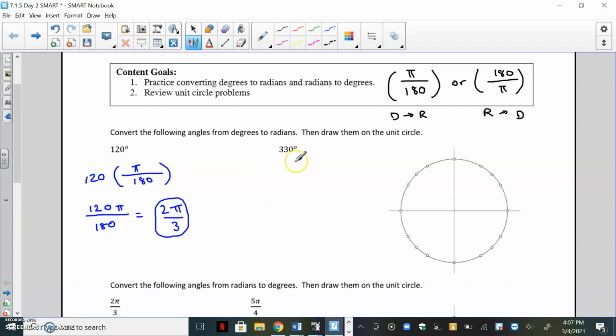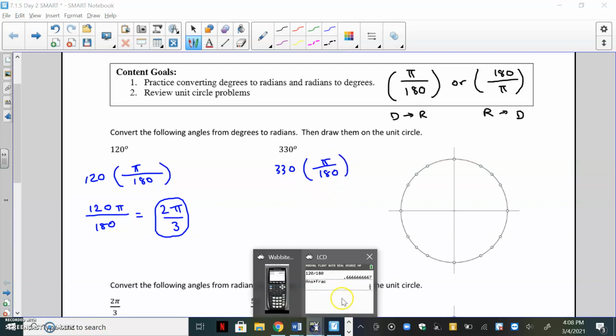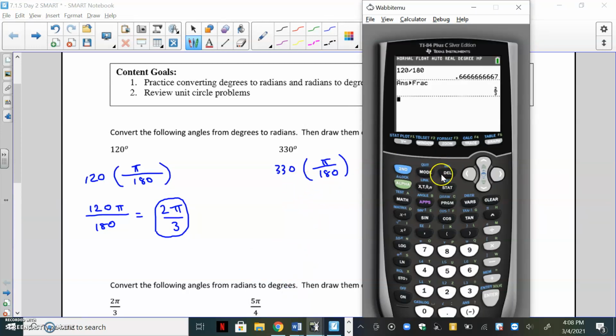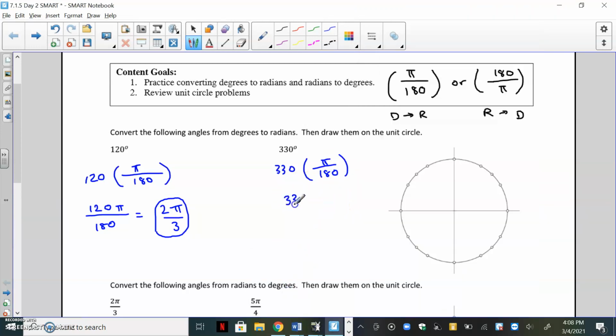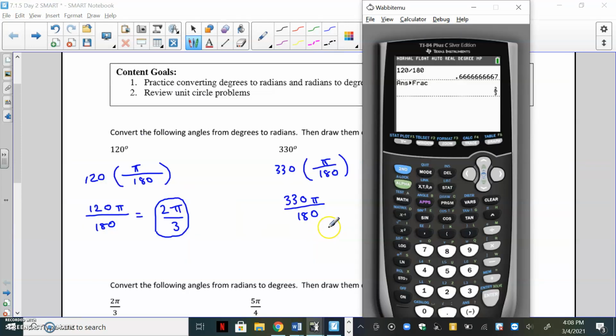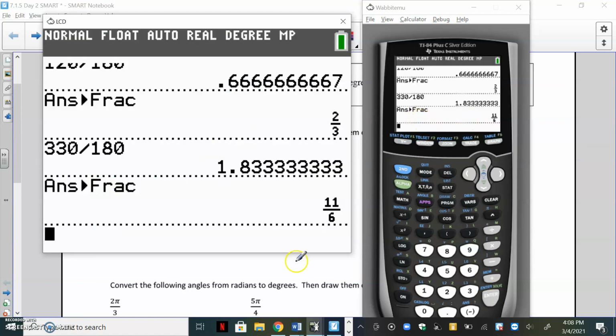All right, let's do another one. 330, so we'll do 330 times pi over 180. Just like before, that means we'll do 330 divided by 180. That gives us 1.8333, and then we press math, enter on frac, enter again, and this gives us 11 pi over 6.